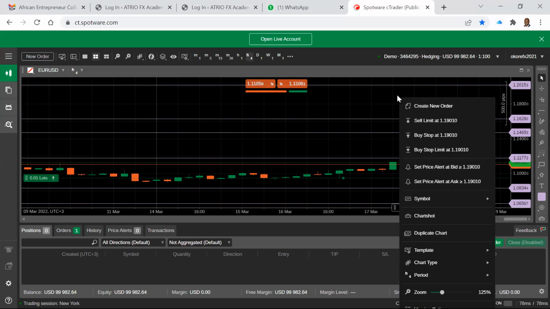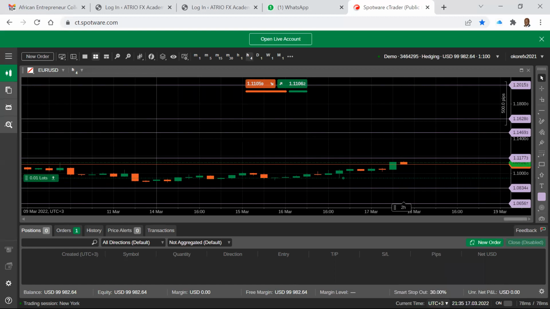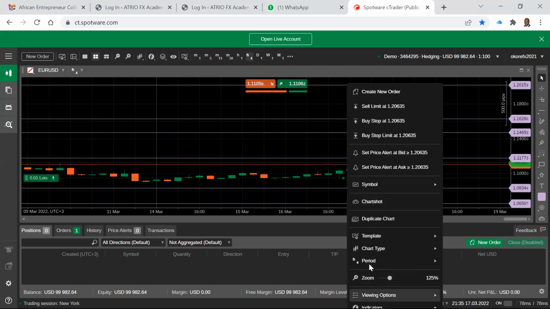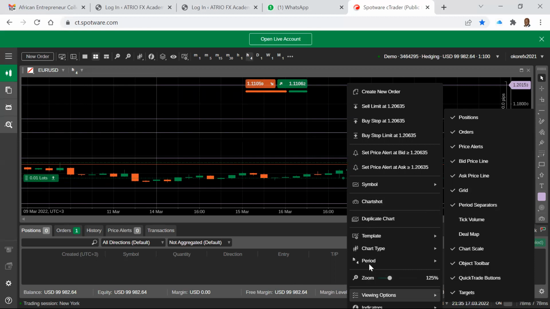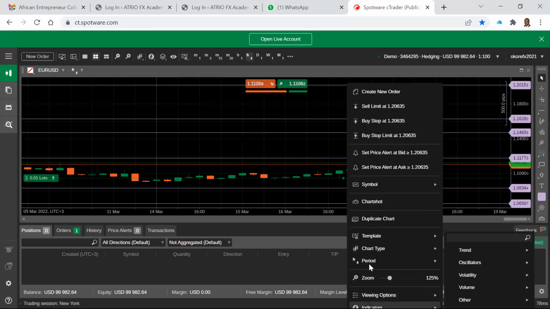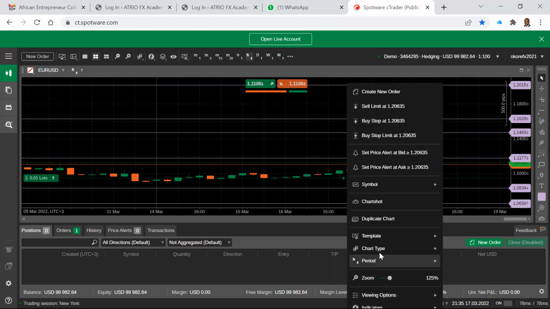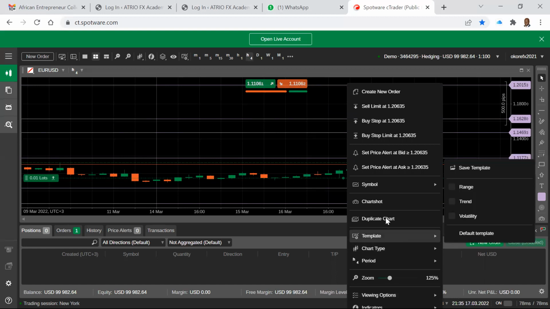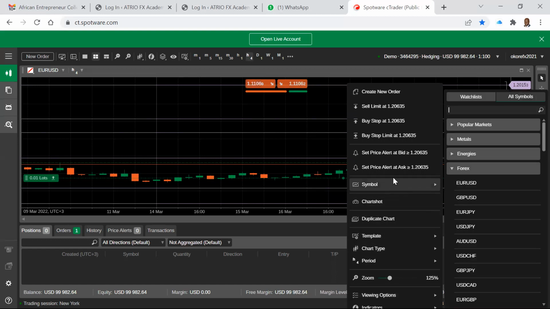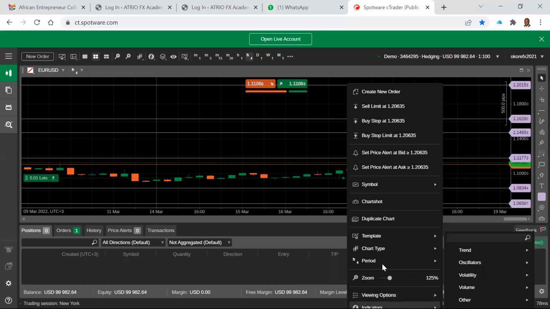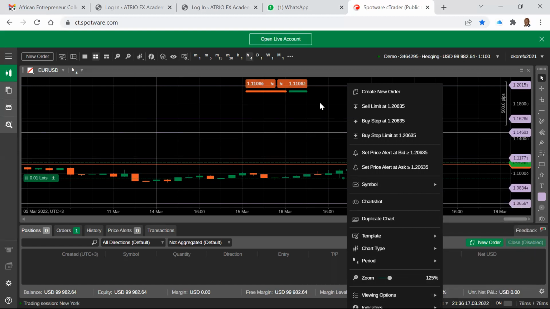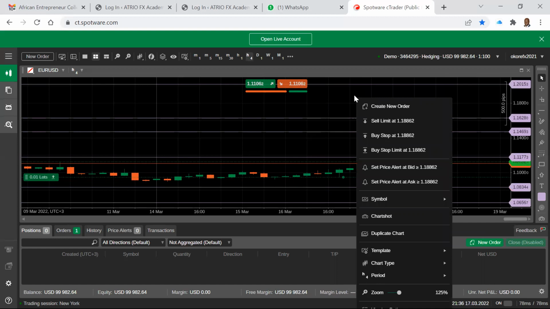Okay, deal maps. All right, these lines, you can either just right click and remove them, or there should be another quicker way of removing all of them. Okay, I don't like indicators, view options, chart type, templates. Okay, I'll figure out. There's a way in which you can just remove all of them at the same time.